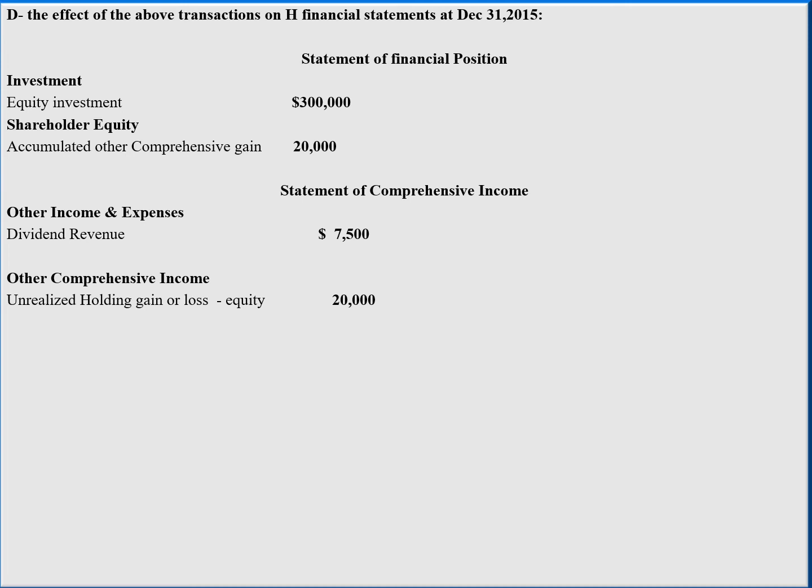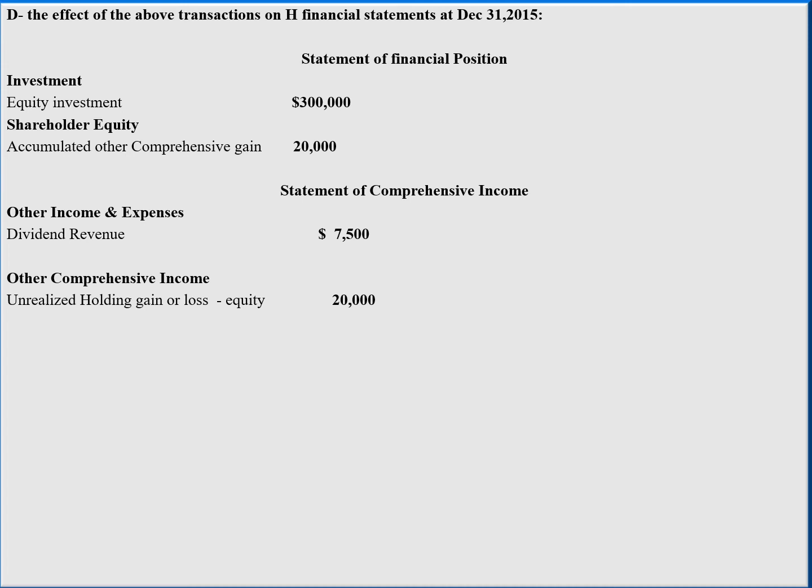Under the asset side يظهر عندي شباب ال equity investment at fair value. طب يا شباب واحنا طلعنا ال fair market value بكام؟ $300,000. تمام. Under shareholders equity section يظهر عندي حاجة شباب اسمها accumulated other comprehensive gain $20,000.